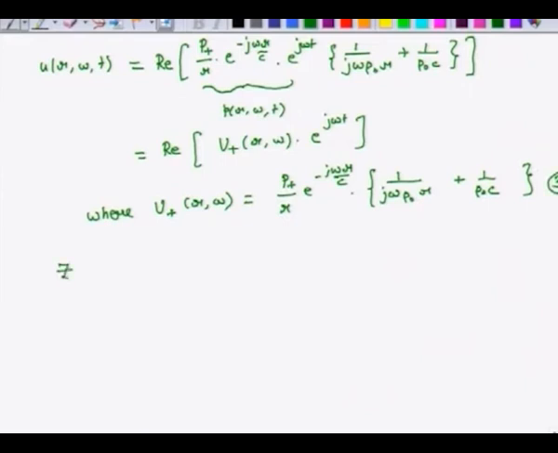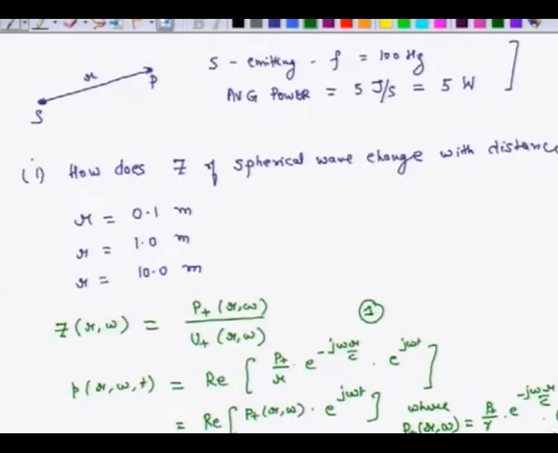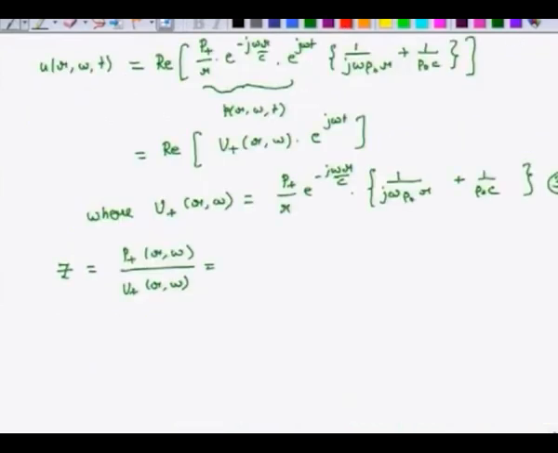Now, we know that z equals P plus of r and omega divided by u plus of r and omega. So, if I divide equation 2 with equation 3, then I get the value of z.